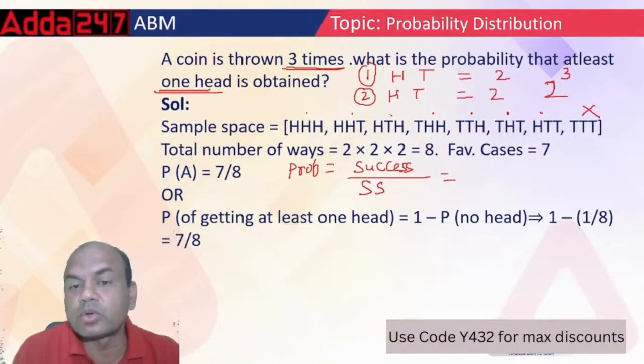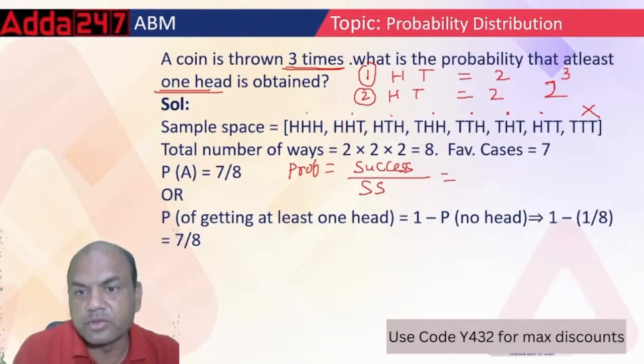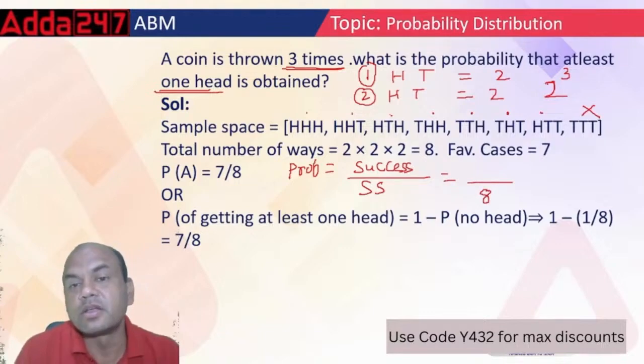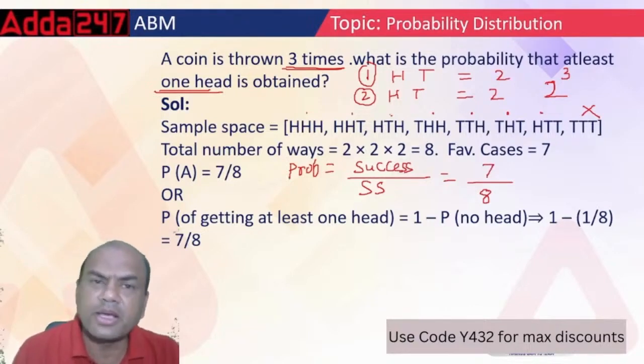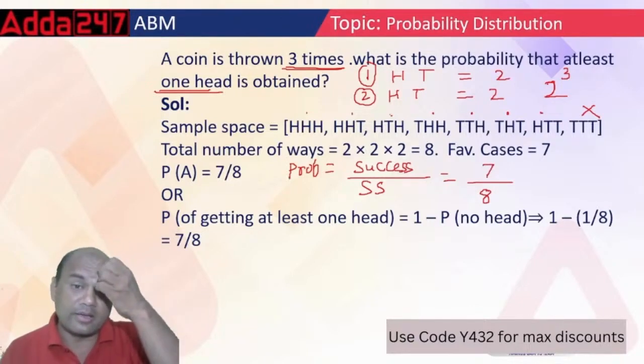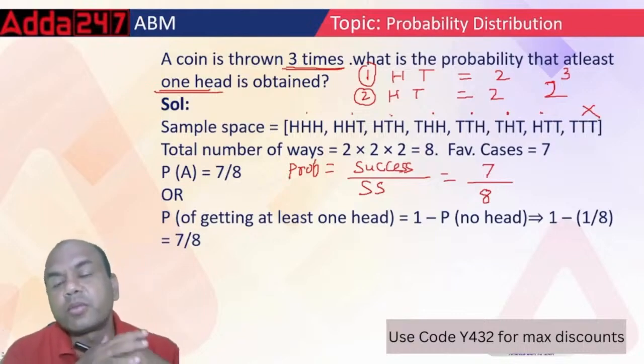Sample space means total number of outcomes. There are 8 outcomes. How many successes are required? At least one head. So it is 7 successes. So my probability becomes 7 upon 8. So that is my answer. Right?